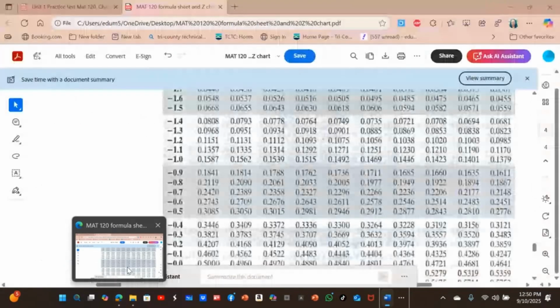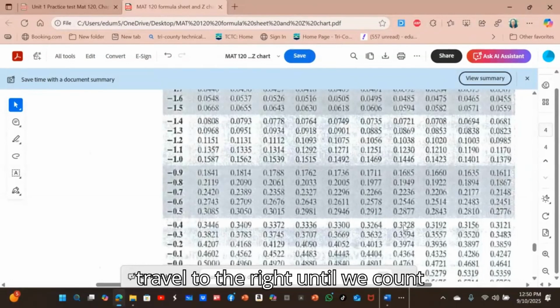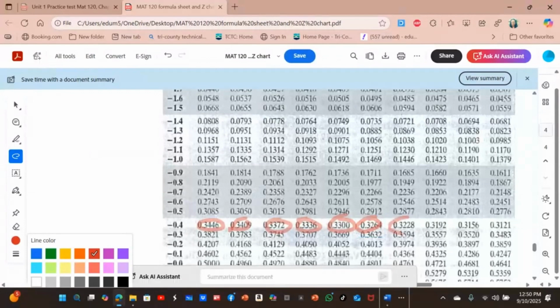Okay, so negative 0.46, so negative 0.4. Now we have to travel to the right until we count 6. So how do we count 6? We count 0, 1, 2, 3, 4, 5, 6.